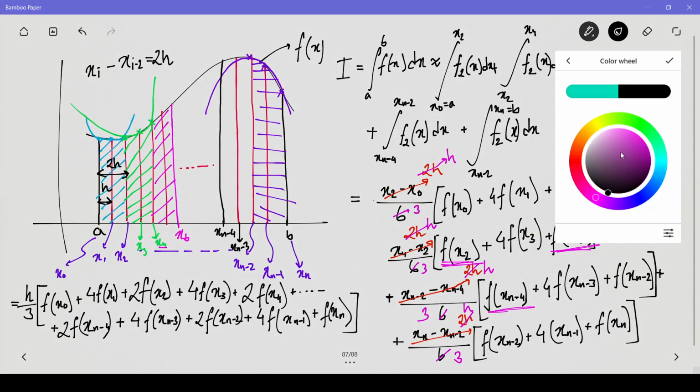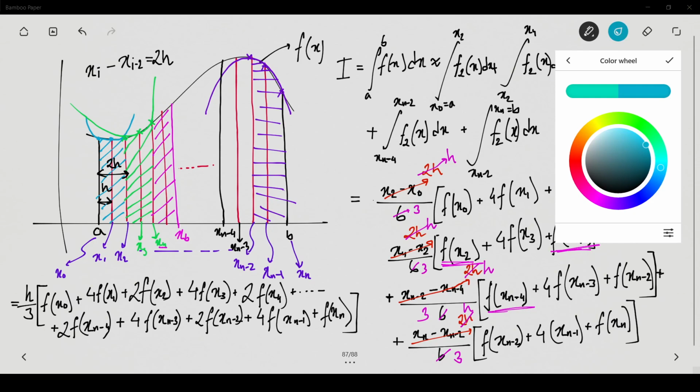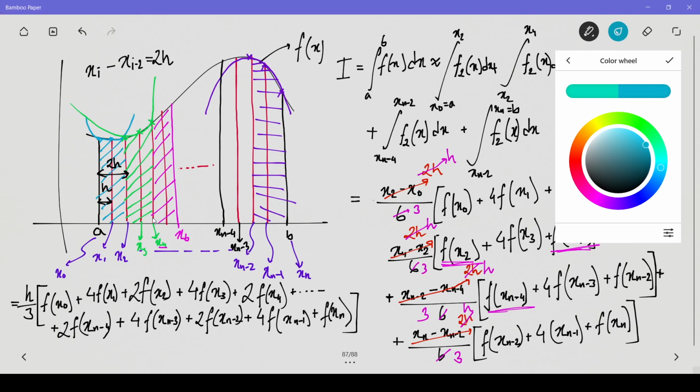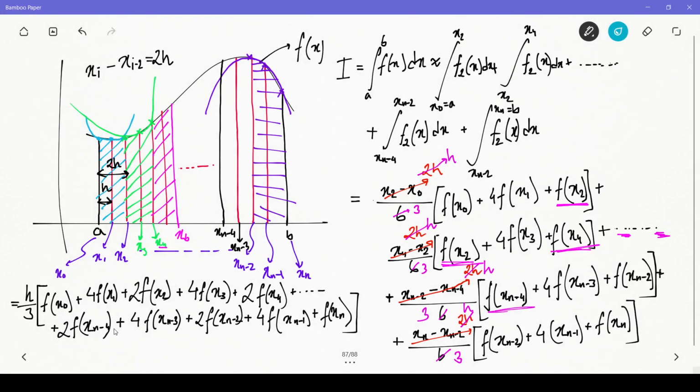Let's try to notice the pattern here. See that before the functional values of the x's with odd indices, so for x1, for x3, for x sub n minus 3, for x sub n minus 1, we know for sure that n is an even number, right?